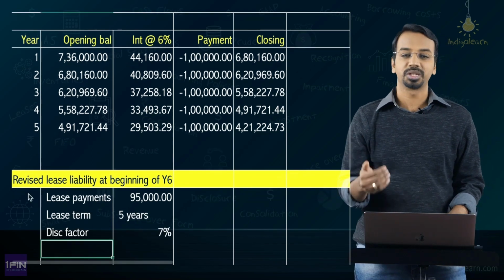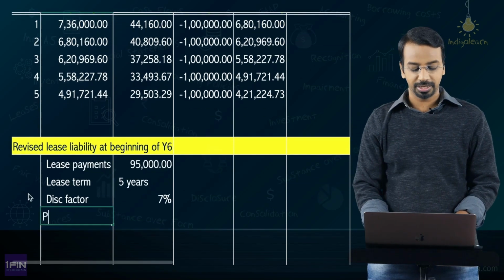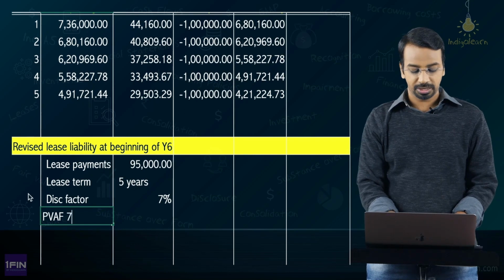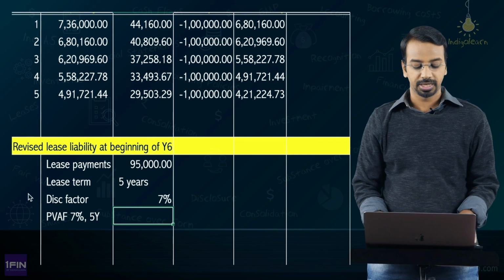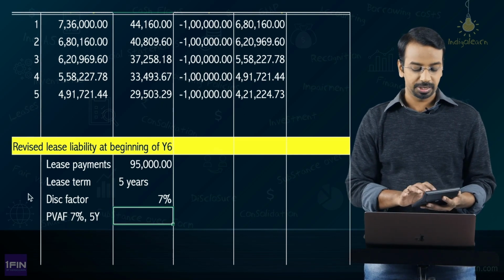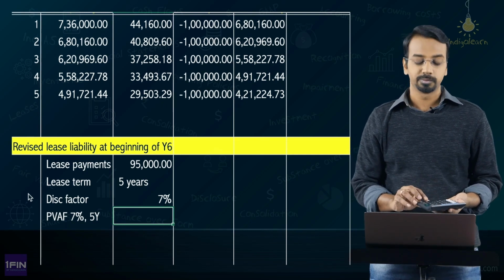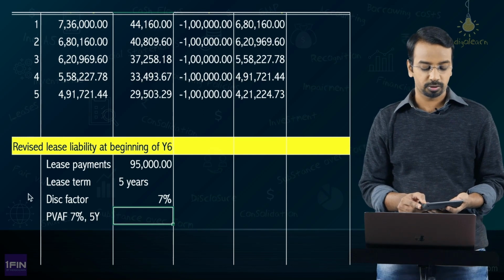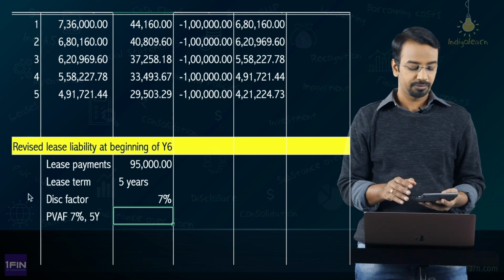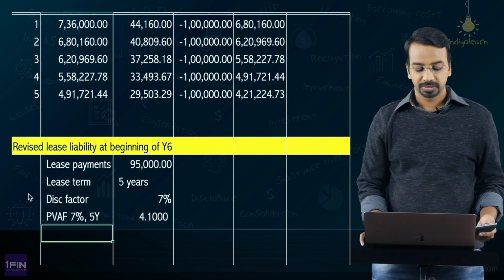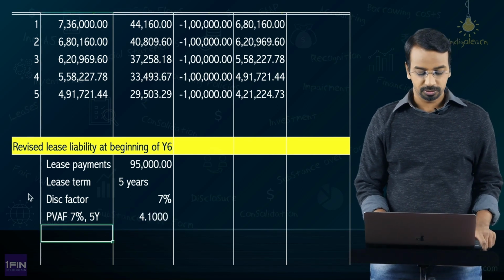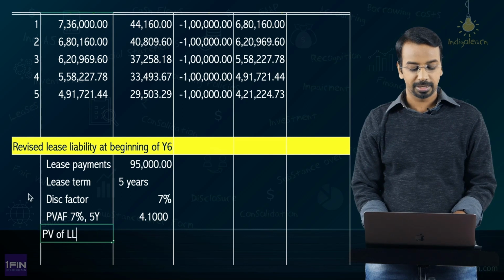Why? Because we have to use the revised discounting rate. So, again here you need to calculate present value annuity factor 7% for 5 years. Okay. How much will that be? Again you can use a calculator. 1 divided by 1.07, once, twice, thrice, 4 times, 5 times, and if you do a GT you get 4.100, and if you multiply that by 95,000 you get present value of lease liability.